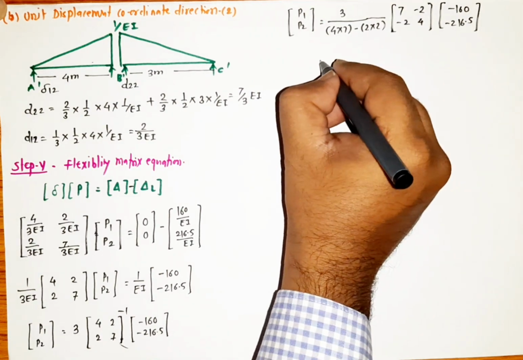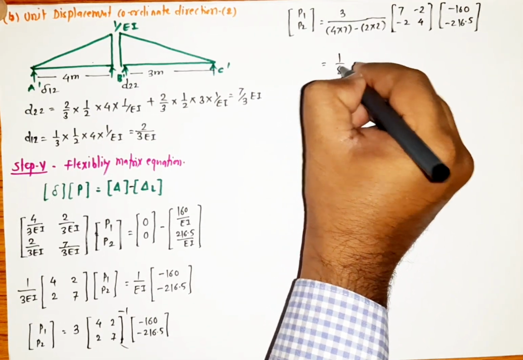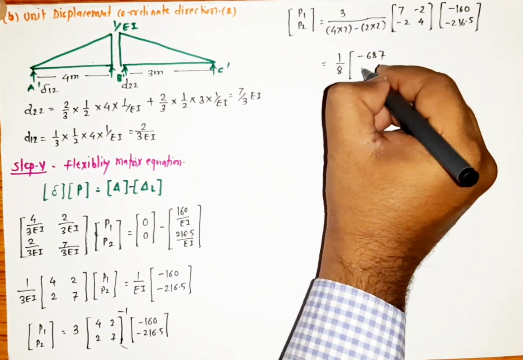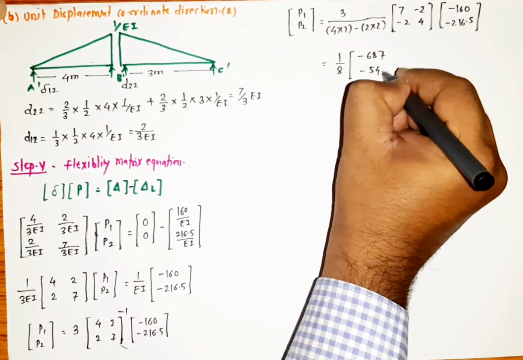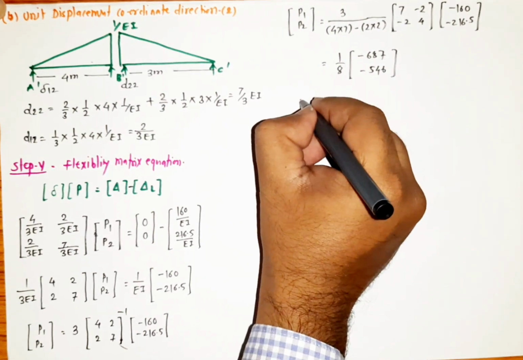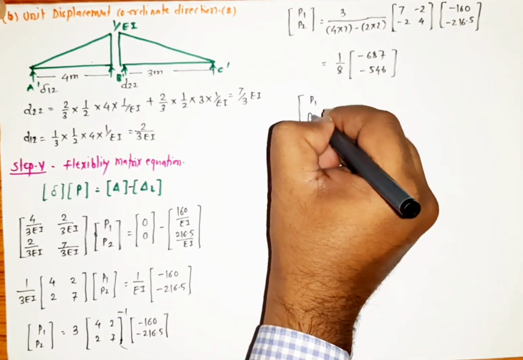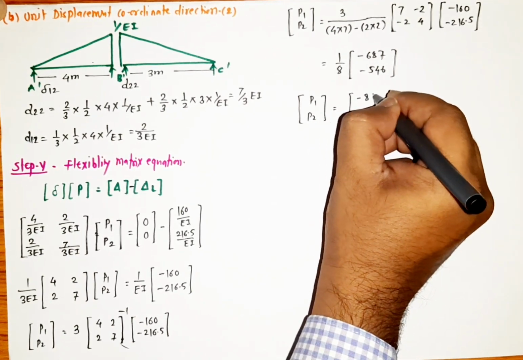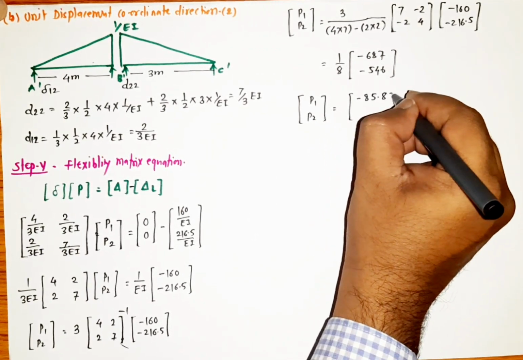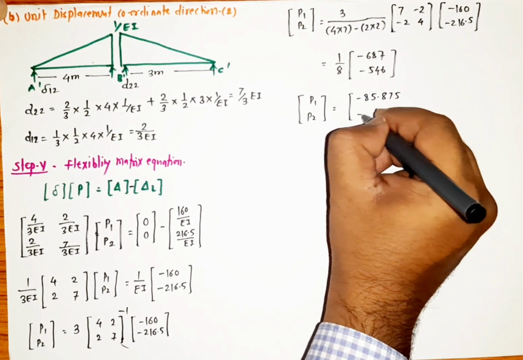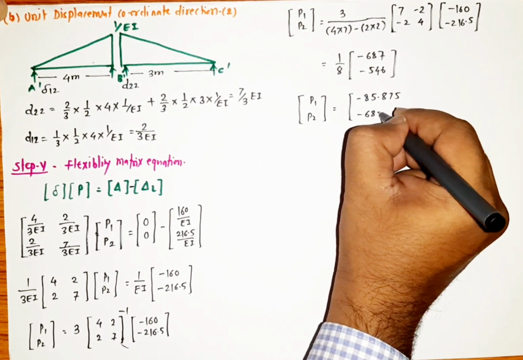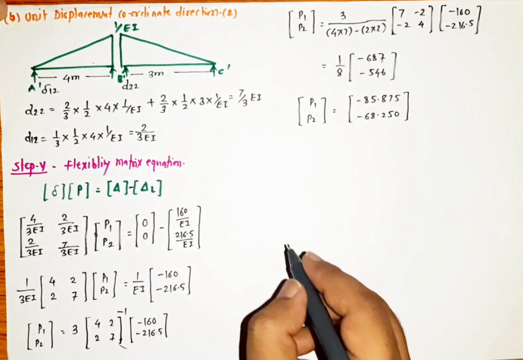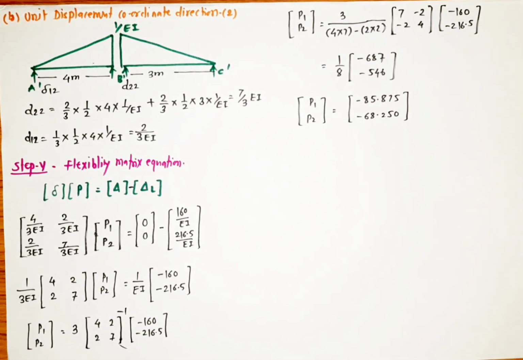So when we solve it, we will get a value that is 1/8 of minus 687 and minus 546. So ultimately we will get the values of P1 and P2, that is nothing but minus 85.875 and minus 68.250. So this is all about the unknown values which we calculated.